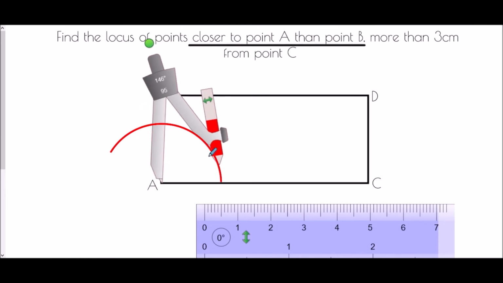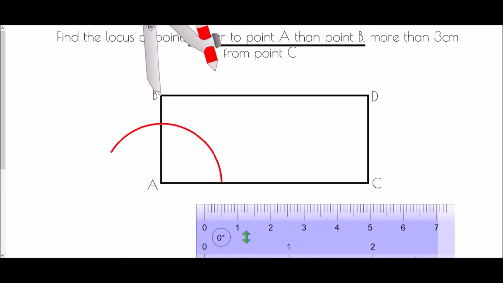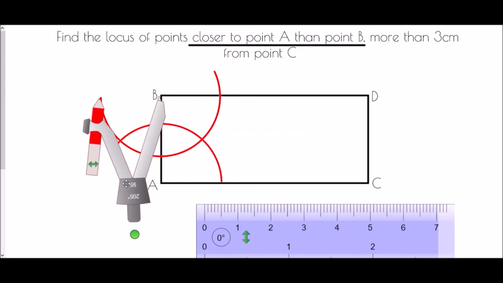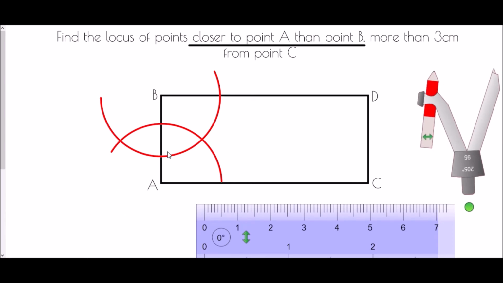Now we also need to do this from exactly the other side of the line, making sure that the compass remains exactly the same distance apart, so that when we get our intersections, they intersect in the right position.